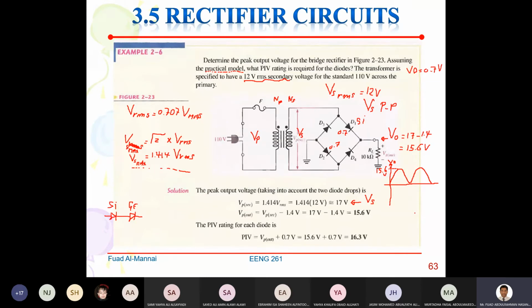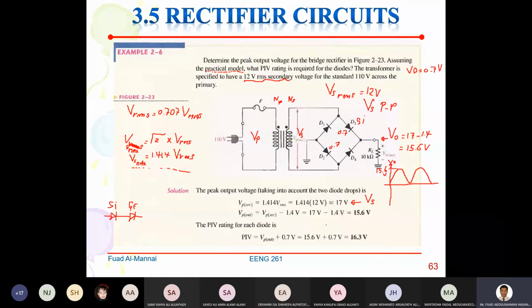If I want to calculate the PIV for each diode, PIV is equal to V secondary, which is 17, minus 0.7 volt, and that gives 16.3 volt. Or you can do what the book does: take the output and add 0.7 volt, and that gives you the same answer.